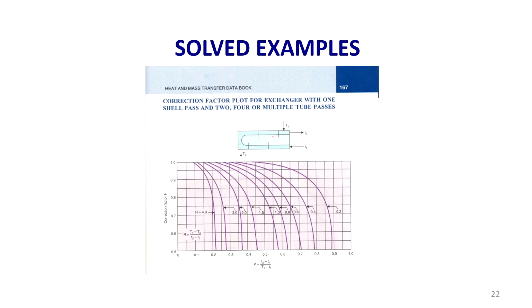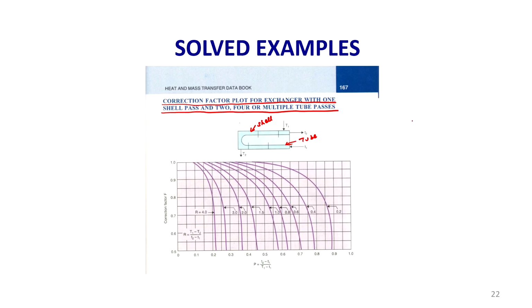Before that, you should know what a 1 shell and 2 tube exchanger is. See here, this portion is the shell and this is the tube. This is the correction factor for an exchanger with 1 shell pass and 2 or 4 or multiple tube passes. Here the fluid is going like this, that is 1 pass.